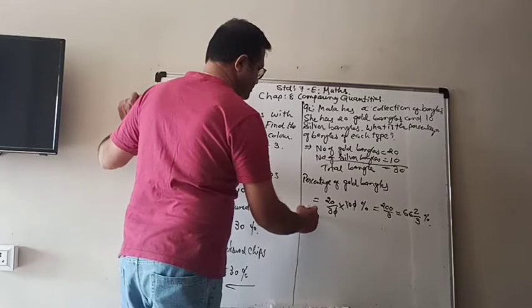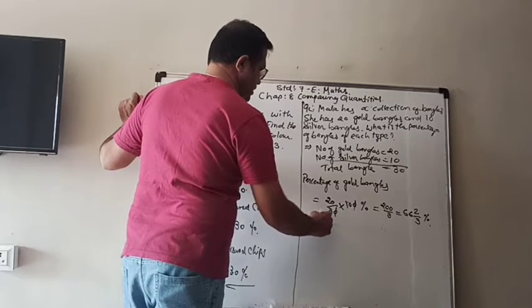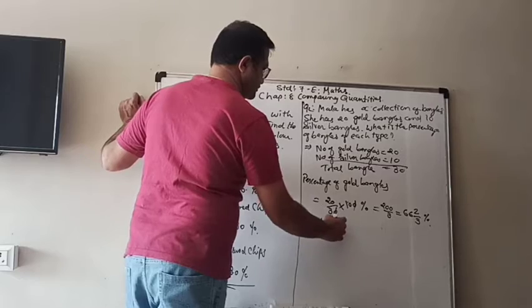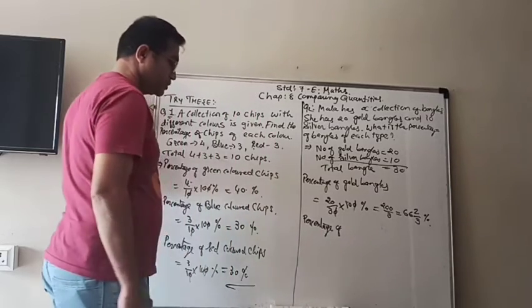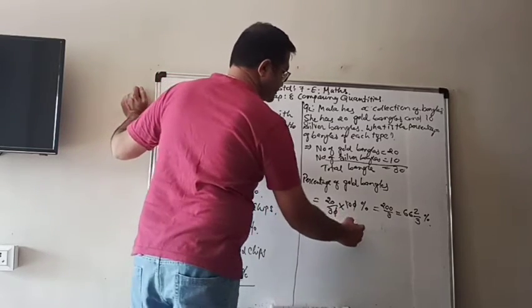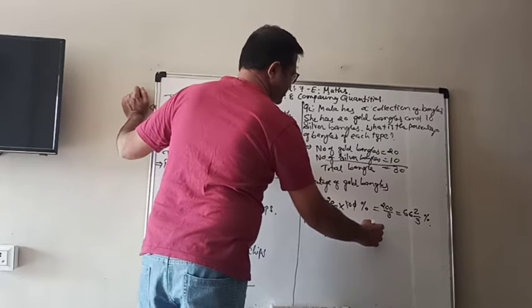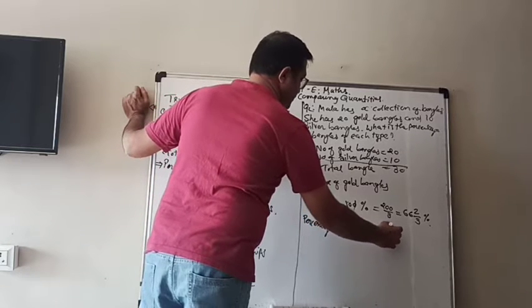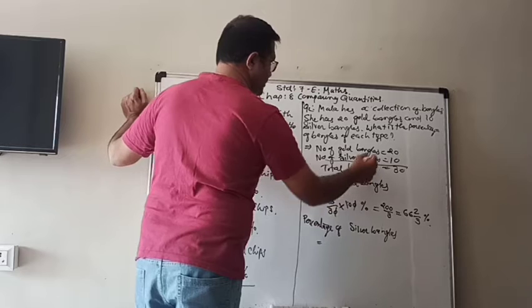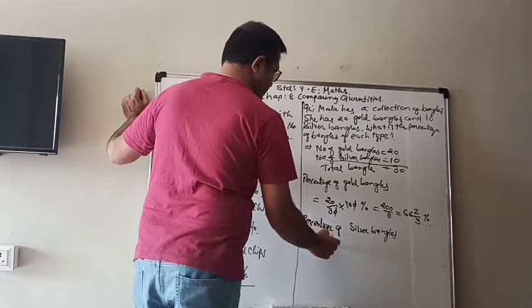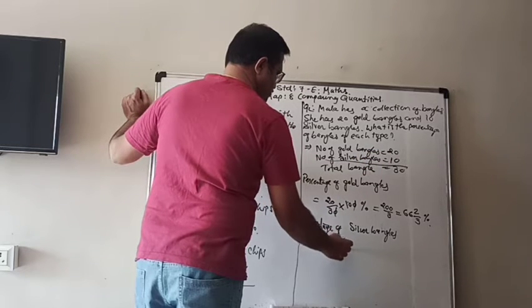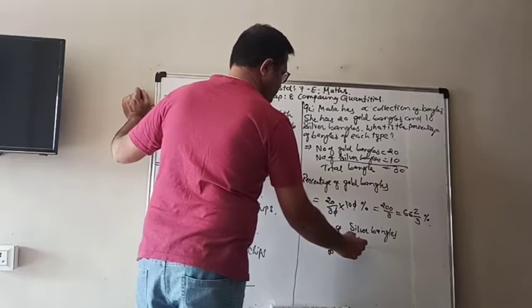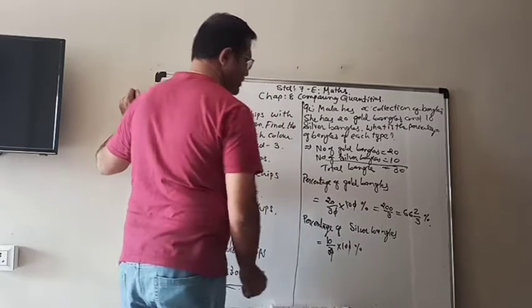And similarly, percentage of silver bangles. How many silver bangles are there? 10 out of 30. So 10 upon 30 multiplied by 100%.